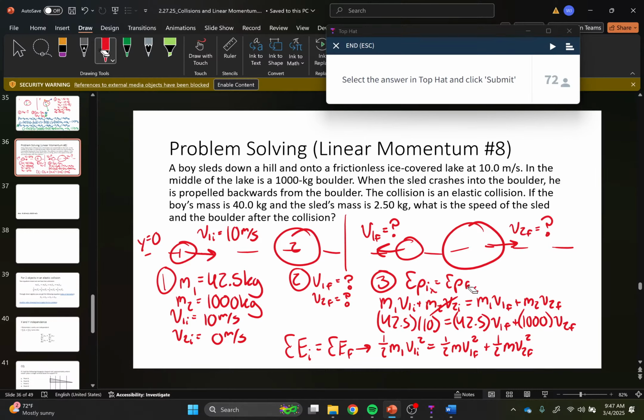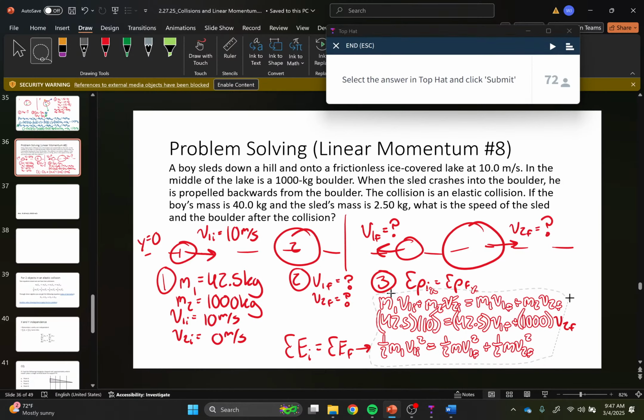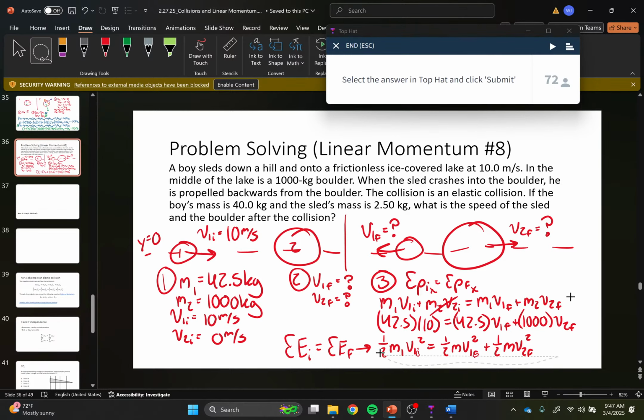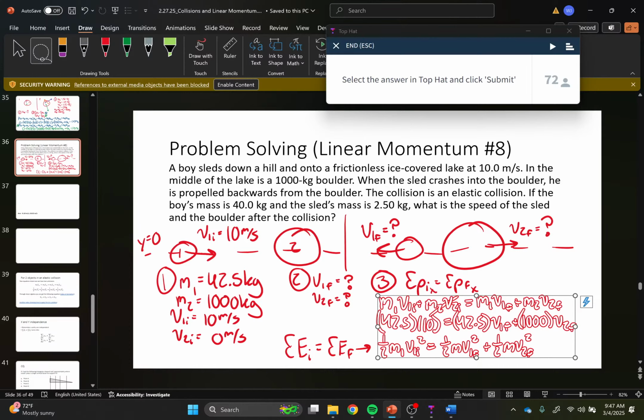I'm going to copy this over. Again, we are not actually going to solve this problem mathematically, though you can if you want to. I just want to show you how you would do it. Why am I giving you this problem?